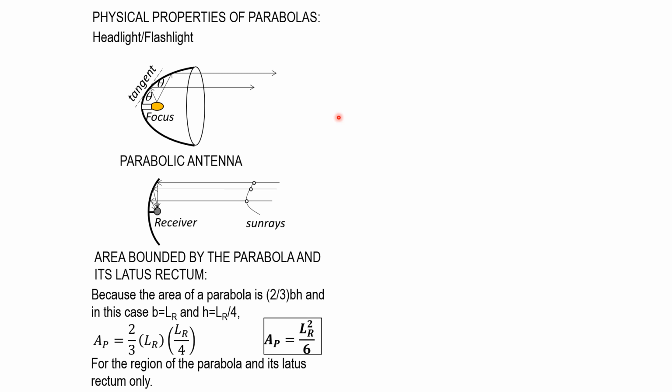And the most important thing here is you can sketch graphs of circles and parabolas. If you can conveniently sketch the graphs of circles and parabolas, then I think you will have no problems about circles and parabolas.